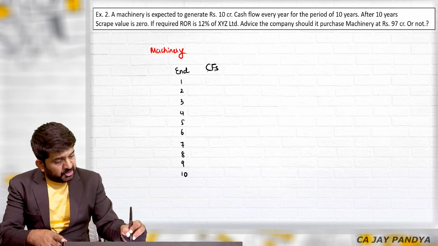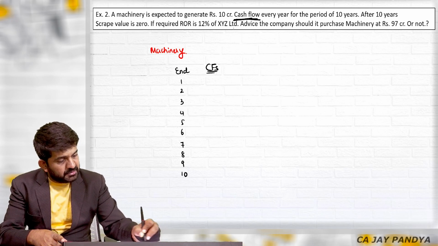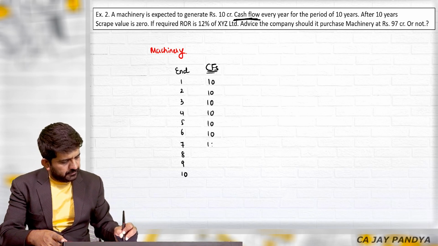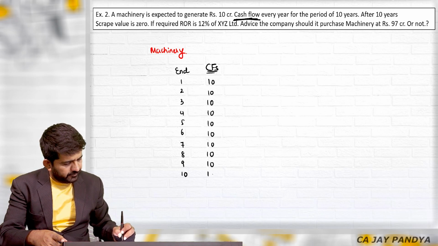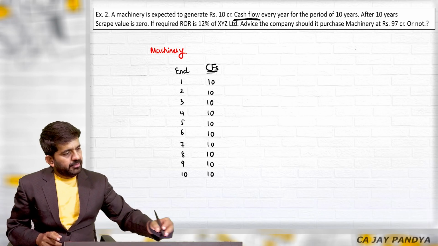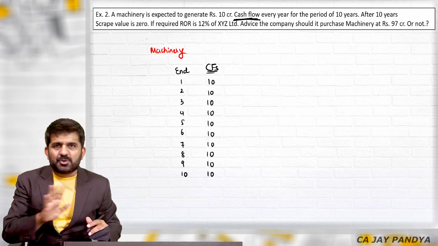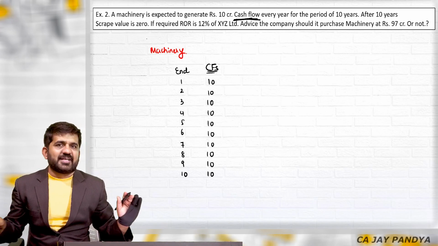Every year the cash flows will be 10 crore rupees. Rupees are in crores. After 10 years, the scrap value is 0. So the machinery will not yield any scrap value.